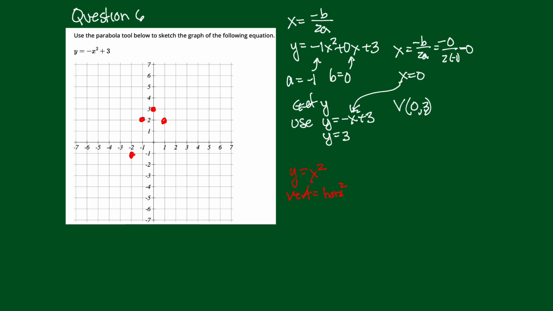And then to the right, 2, down 4 puts me over here. And I might have room for another one. If I went over 3, down 3 squared is 9. So I think that's down here if I'm counting correctly. And down here. All right, let's pass a curve through those points. That should be it.